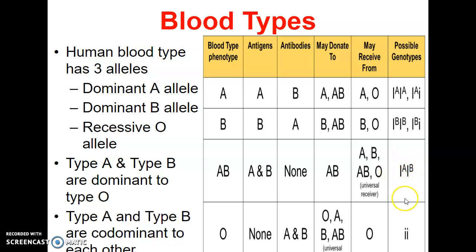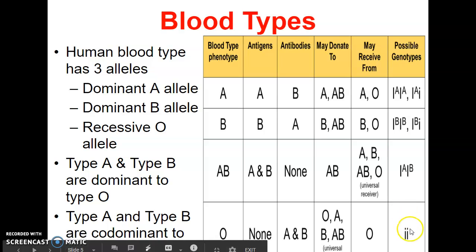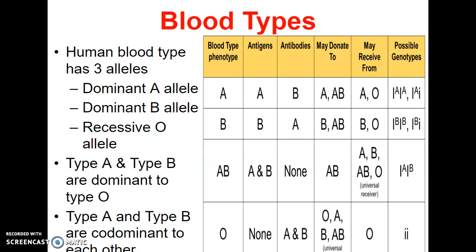And blood type O is recessive, two little i's. And just for general information, blood type AB, you're very lucky. You're a universal receiver. You can get blood from anyone. And blood type O, you're very special because you can give blood to anyone.